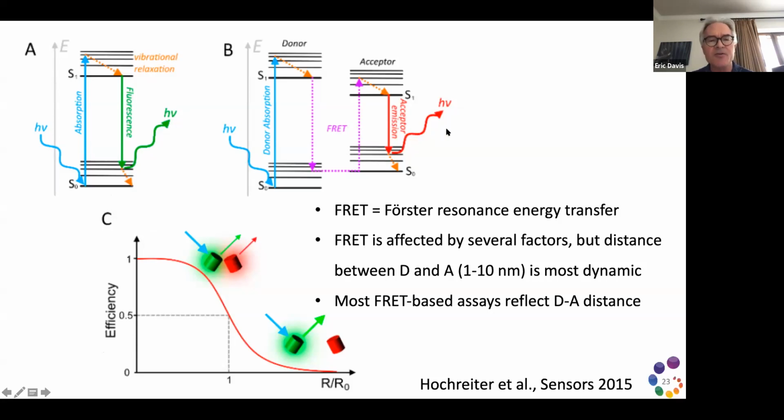And there are several factors that determine the efficiency of FRET, but key is the distance between the donor and the acceptor. And this is a very dynamic effect, and many assays have been designed in which the FRET depends on the distance between the donor and the acceptor. And if that in turn reflects some property of interest, then you can have an assay based on FRET.